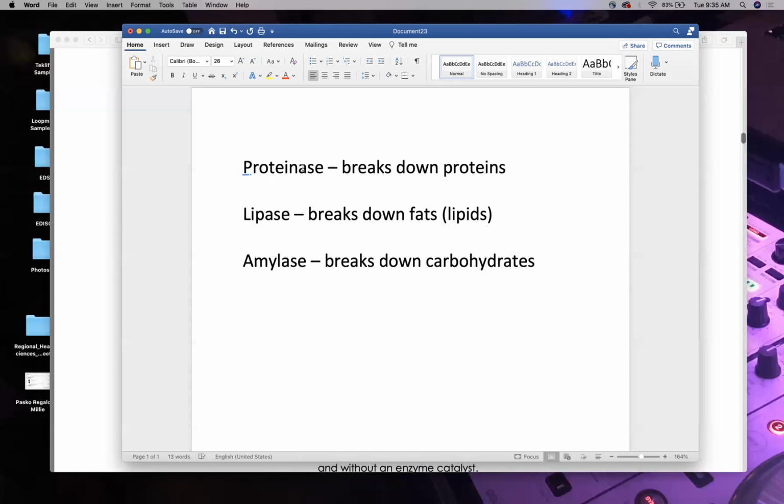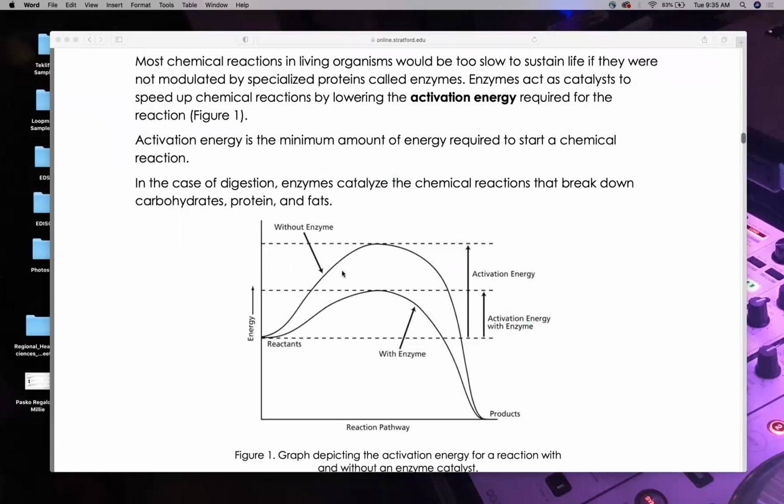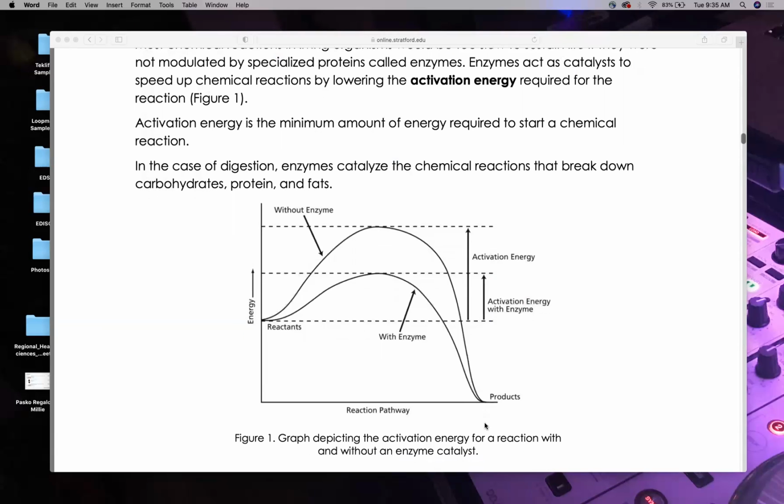So if you notice on all three of them, it has a suffix ASE. That connotes that this chemical that we're talking about is an enzyme. And again, the function of the enzyme is to lower the activation energy so we can get from reactants, the thing that we ate, to the actual products that we need, right?